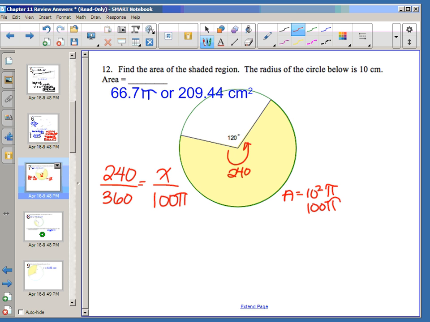All right, so now I just have to solve this proportion. I get 100 times 240, which is, I should probably know this, 24, oh, I shouldn't know that, add 3 zeros. 24,000 pi equals 360 times x. So I'm going to divide by 360.